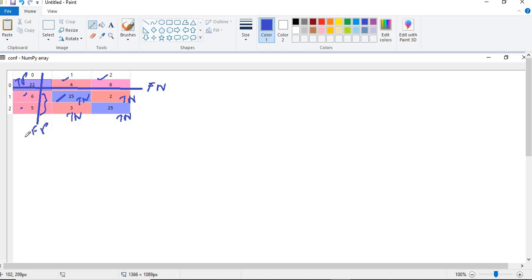Now if I want to calculate the true positive rate for class 0, the formula remains the same: true positive divided by total positive.